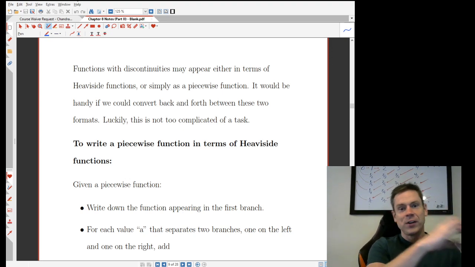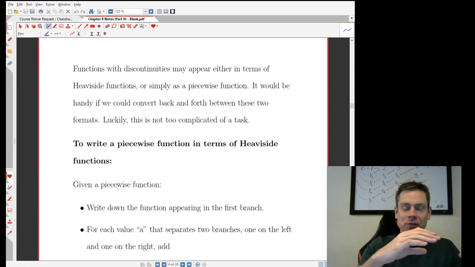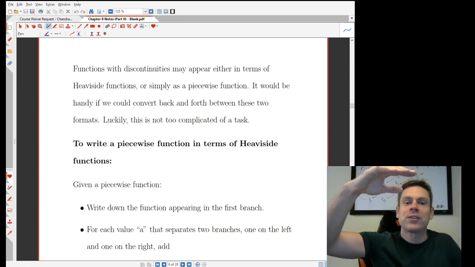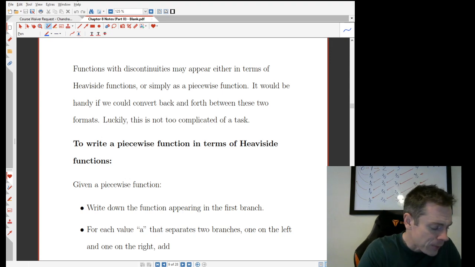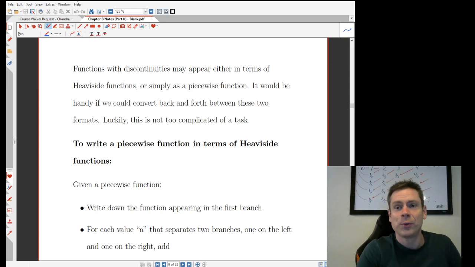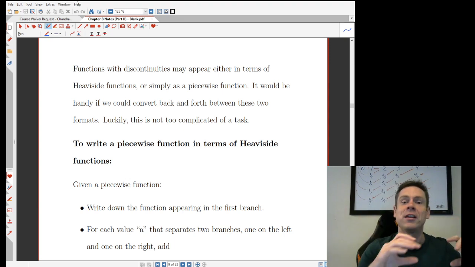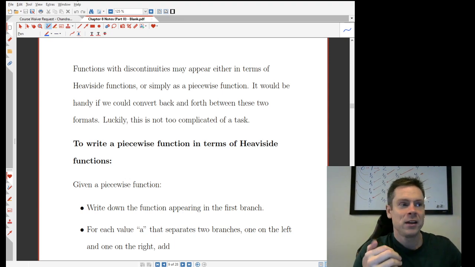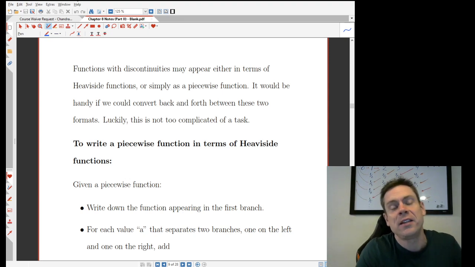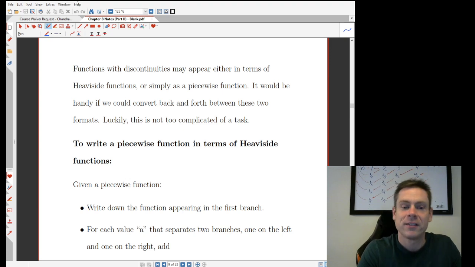You want a function to follow this behavior for the first part, and then it switches to something else for the second part, for example, after a certain time has passed. So it's really useful to be able to change that piecewise function into Heaviside functions, because that way you can then take Laplace transforms, as we did in the above examples, and work with that instead.